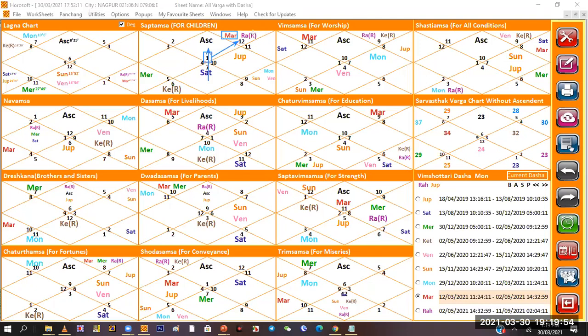Similarly, Dashamsha is for profession. So who is influencing the first house? Because the first house is the desire for that particular Shodashvarga. So desire means desire to work, desire to go into a profession. Who is sitting there? Rahu, which is a natural malefic. Ketu is aspecting, Moon is aspecting.